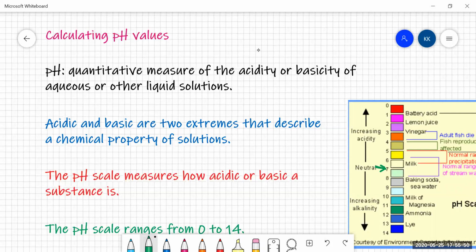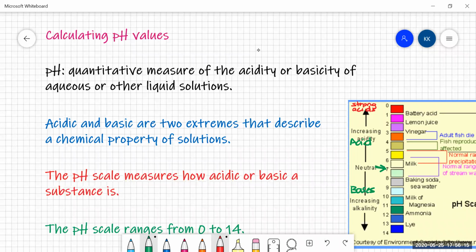Anything that's above 7 is called a base, and anything that is below 7 is called an acid. You would have your very, very strong acids down around pHs of 0 or 1, as long as they were concentrated strong acids.